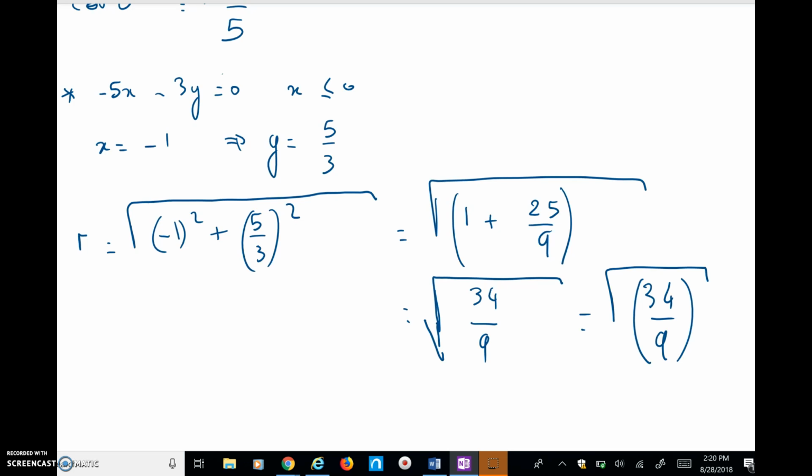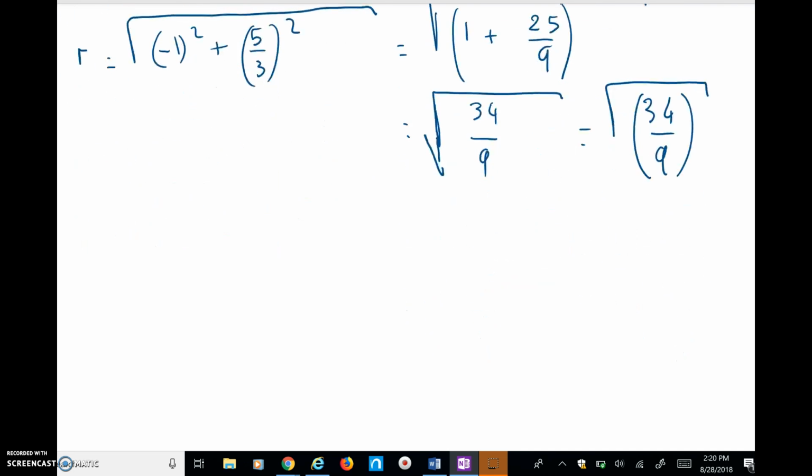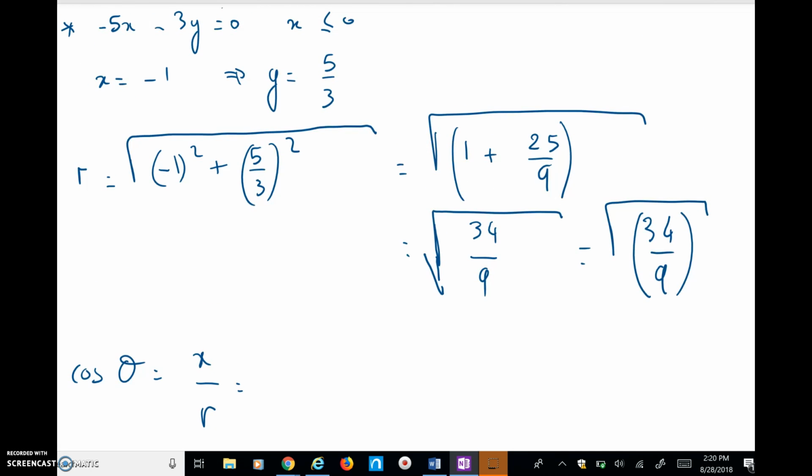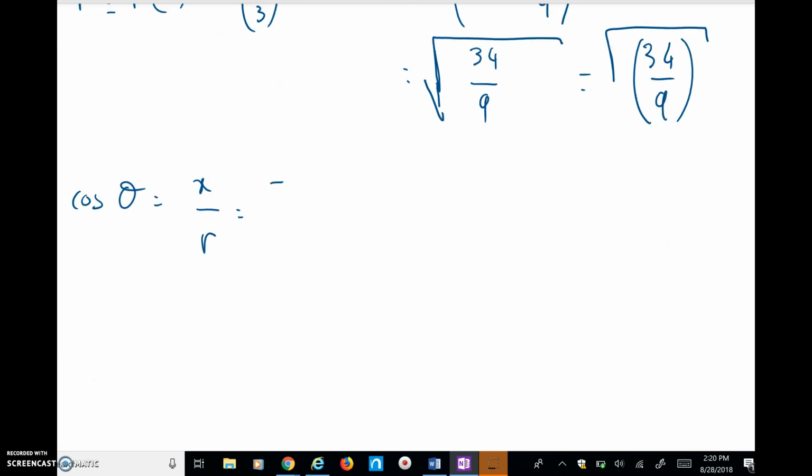Okay, now, if you want to calculate your cosine, the cosine of the angle is equal to x divided by r, so your x was negative 1, so you have negative 1 over the square root of 34 over 9. What is the square root of 34 over 9? It's the square root of 34 divided by the square root of 9, which is 3.